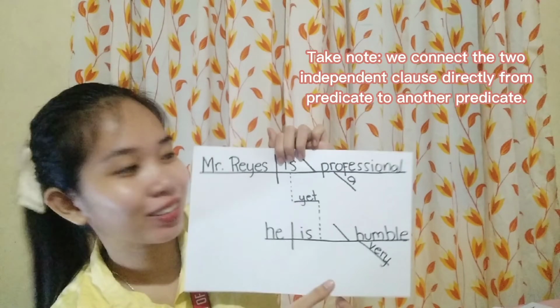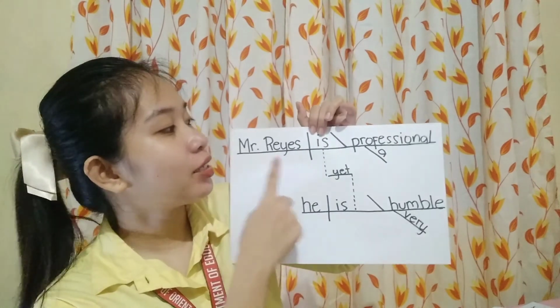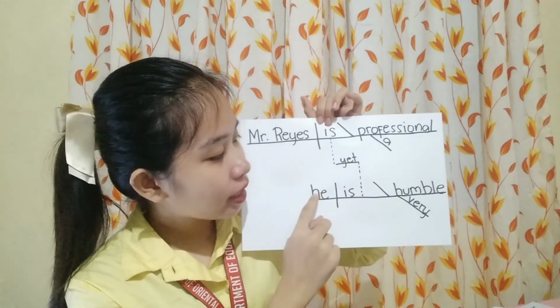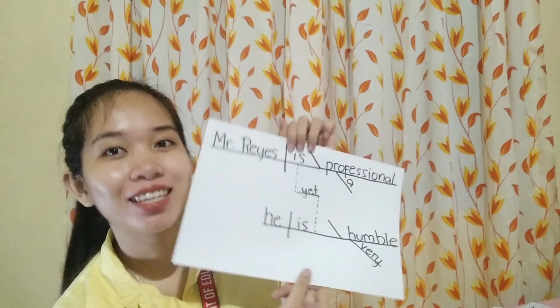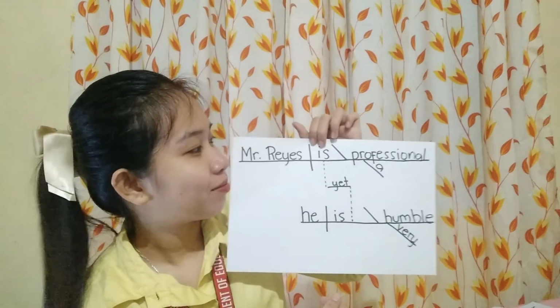Take note. We connect the two independent clauses directly from predicate to predicate. This is how we read it. Mr. Reyes is a professional, yet he is very humble. That's it. This is how we diagram a compound sentence.